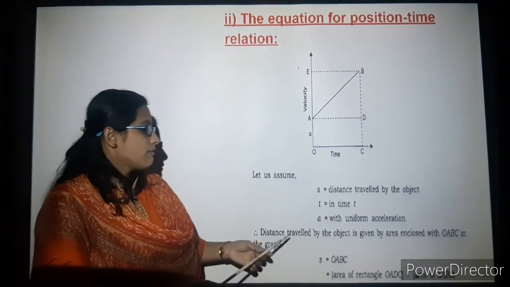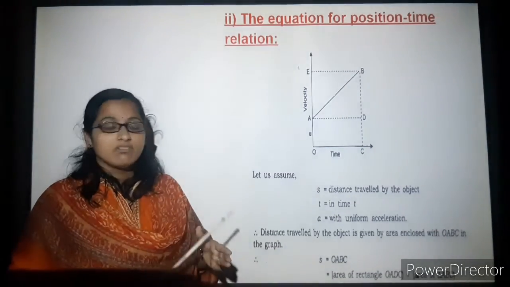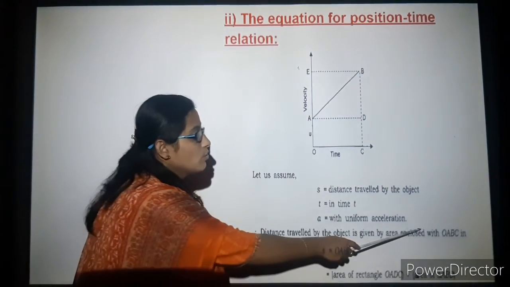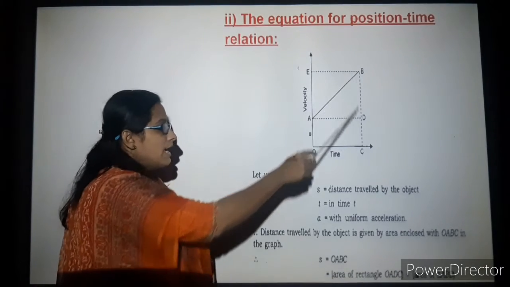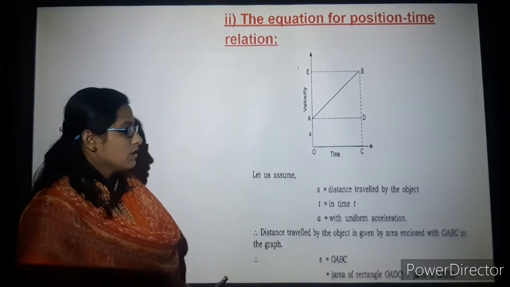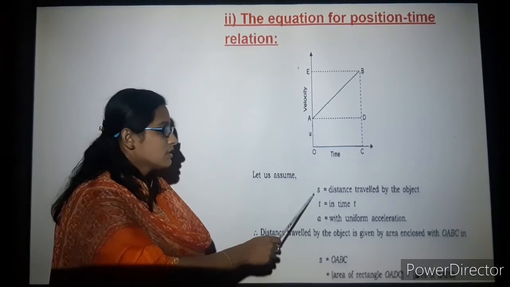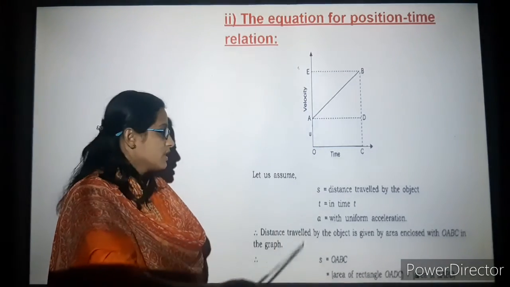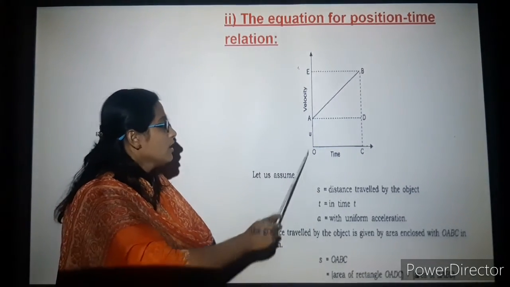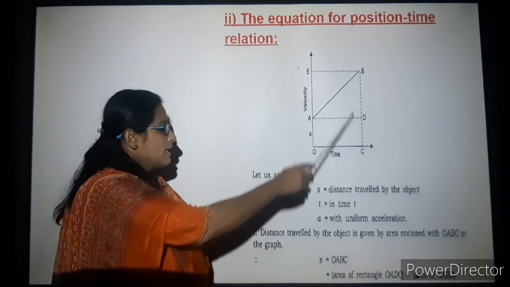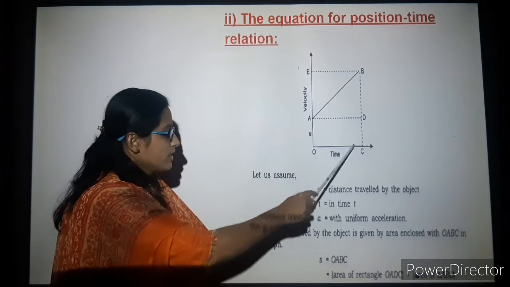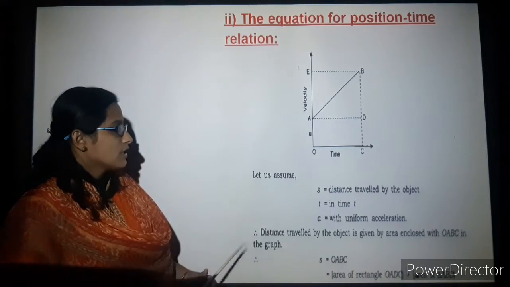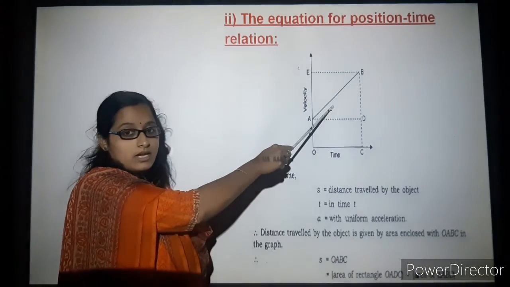So the distance travelled by the object is given by the area enclosed by OABC, which is in the graph. So what is OABC? You can see that there is a rectangle and a triangle here.